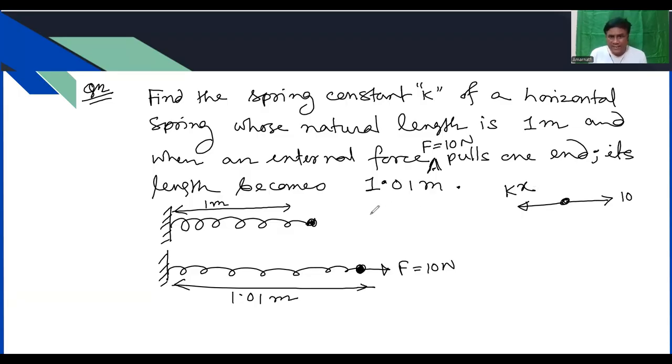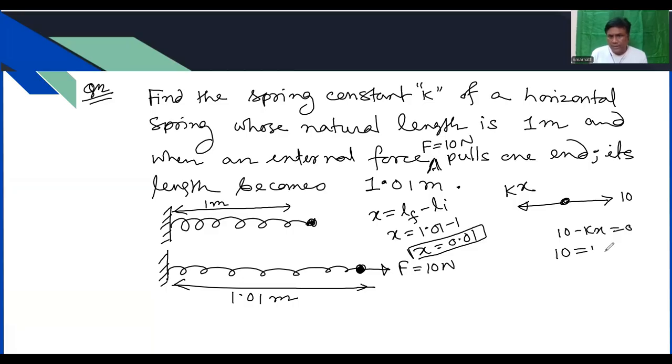But remember, x is actually final length minus initial length. Final length is 1.01, initial length is 1. So x is nothing but 0.01. Now rightward force minus leftward force equals 0. So 10 equals kx. 10 equals k into 0.01.